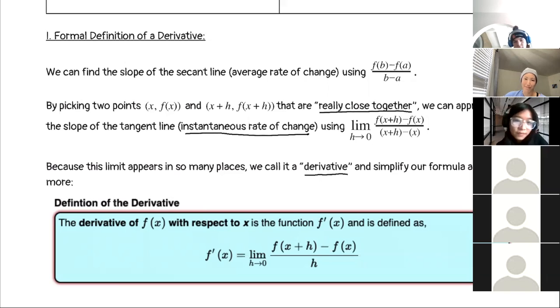All right, so the derivative of f of x with respect to x is the function f prime, okay? So this little symbol, the way we read this is f prime of x, okay?